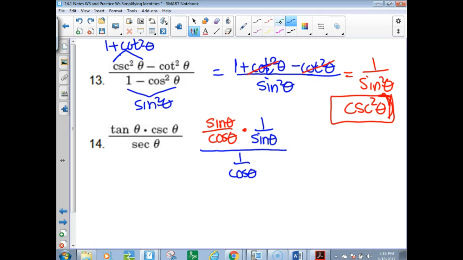Let's do something in the numerator first, though. Don't I have 1 over the cosine on the top? I'm going to multiply by the reciprocal of this, cosine over 1, and we end up with 1.